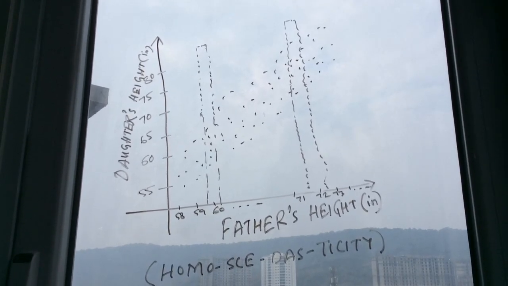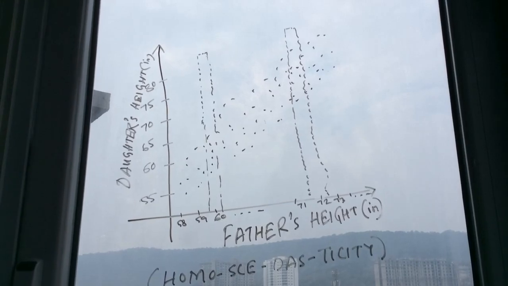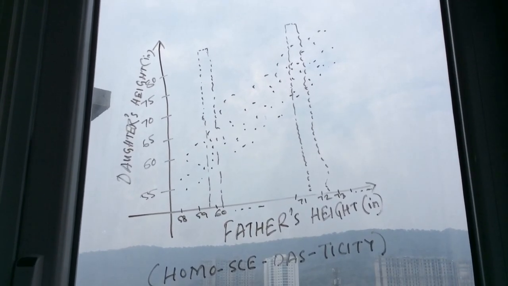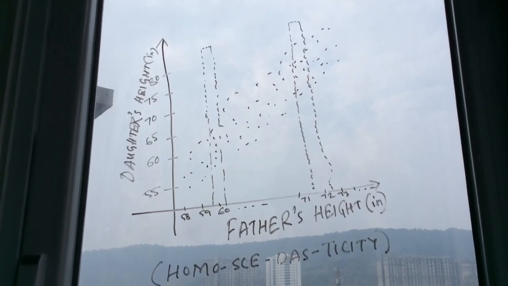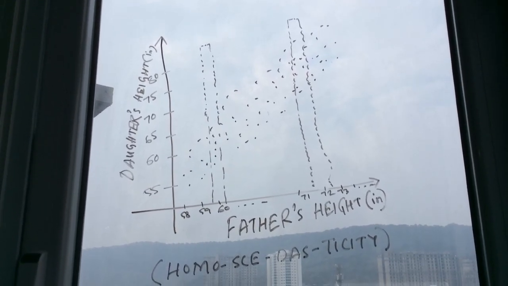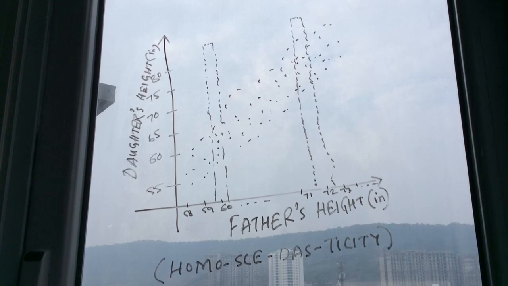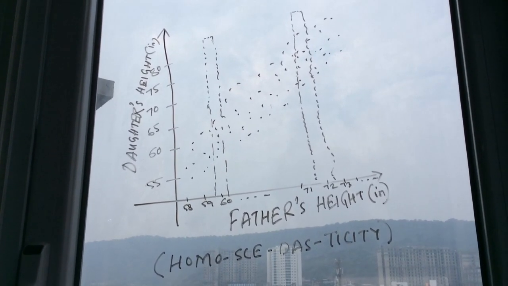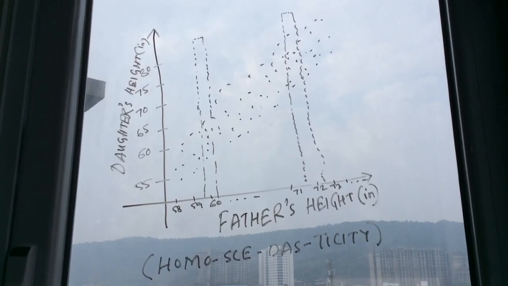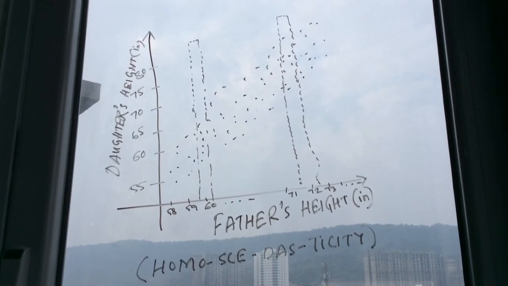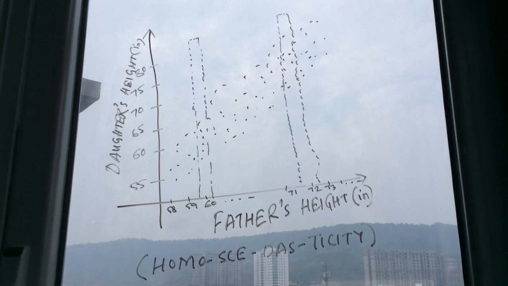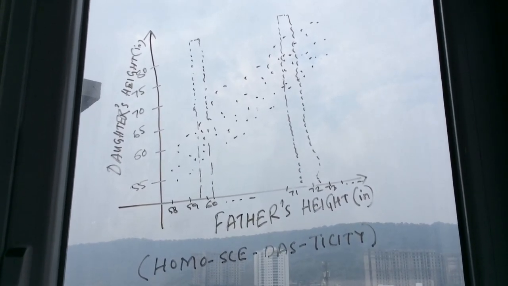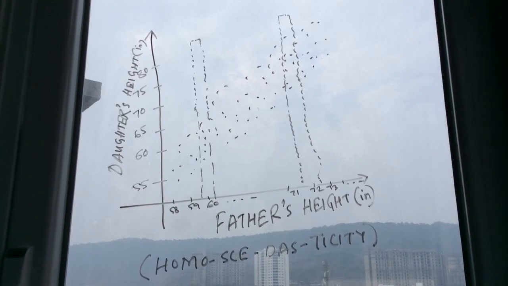And similarly, if I take the daughter's height's standard deviation for fathers who are 72 inch, I get roughly around say 3.2 inch, what do I see? I see that the spread of the daughter's height for different fathers' height is quite same. And if our data depicts this kind of similarity, we call those kind of data as homoscedasticity. All right, quite simple, isn't it?